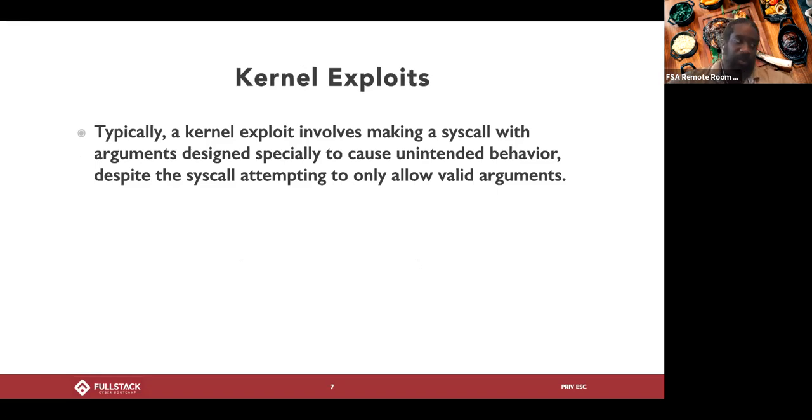Kernel exploits. So typically what a kernel exploit is doing is making some kind of system call that is running with elevated permissions. And a lot of times what you'll see is some kernel exploits don't just make you root.